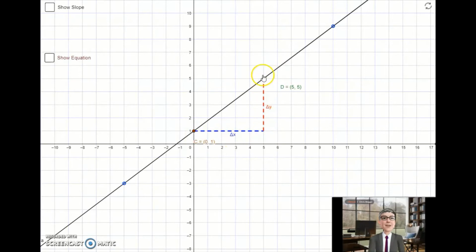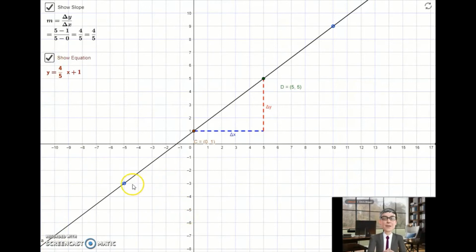So my change in y is 5 minus 1, which is 4, and my change in x is 5 minus 0, which is 5. So my slope will be the change in y over the change in x, which will be 4/5. My y-intercept here is 1, so my equation will be y equals 4/5 x plus 1.